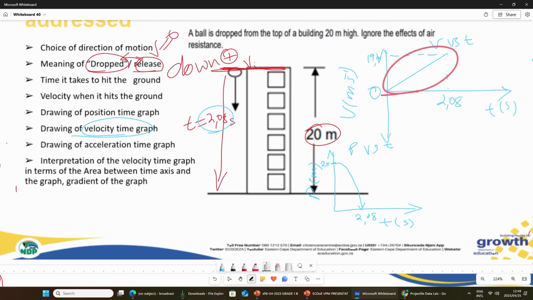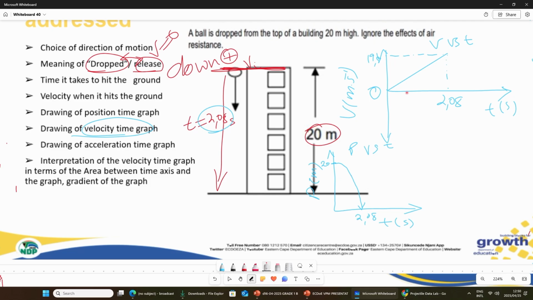The problem that learners have with this graph is that it goes downwards, so they take it literally: the object is going down, so they want the graph to go down. Remember, you are talking about velocity.